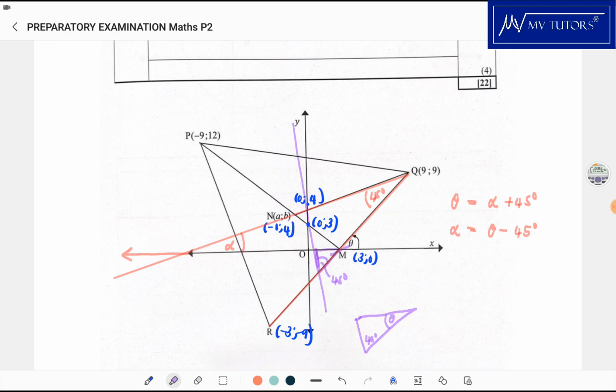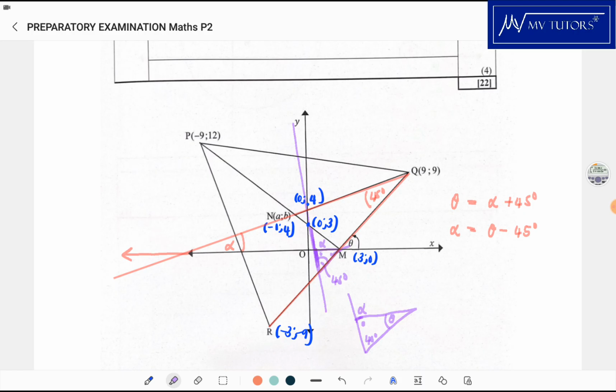And now how am I going to get this angle over there? Well, I know that I can also use the angle of inclination over here. So this is now our alpha if we have a negative gradient. So if this is our alpha, I can say, actually the same thing. The external angle in a triangle is equal to the sum of the interior opposite angles.